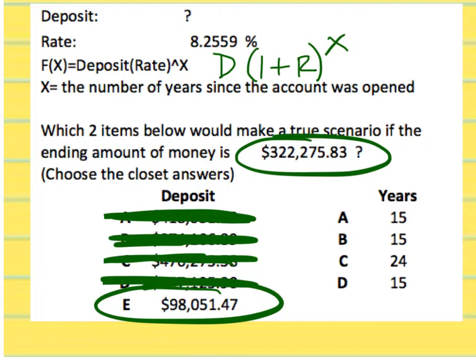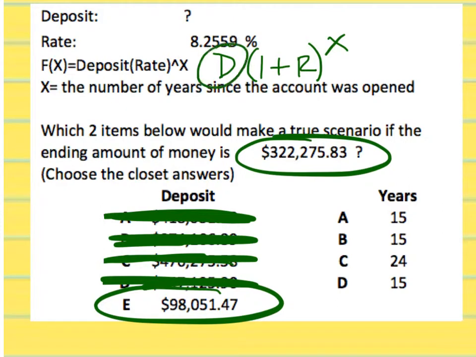We're going to multiply that by the quantity of 1 plus. But it's not 8.2559. You have to change the rate to a decimal, which means move the decimal point 2 places to the left.